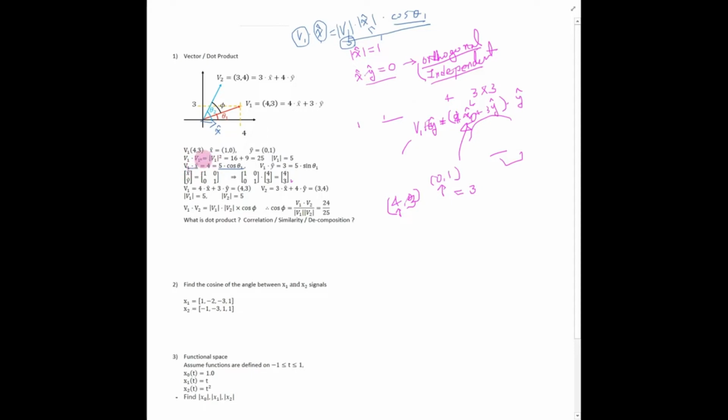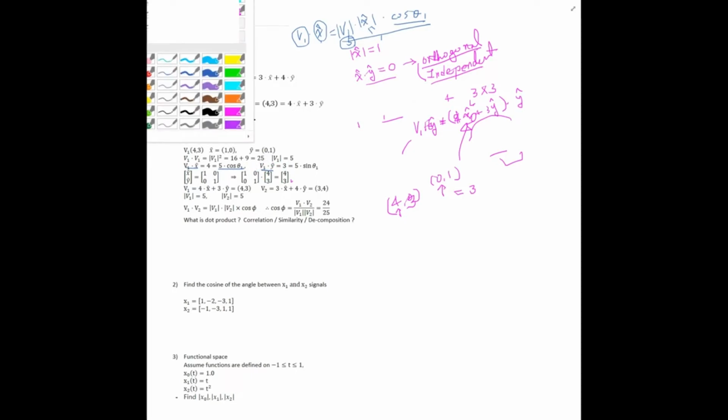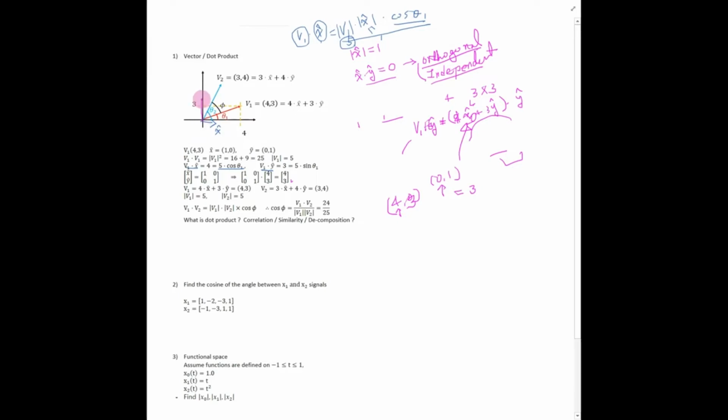Okay, what about this one? In this case, we take a dot product between y hat and v1. This is y hat, versus this one. This dot product, v1 dot y hat, can be understood in this way: v1 magnitude times y hat magnitude. Obviously, the y hat magnitude is unity.